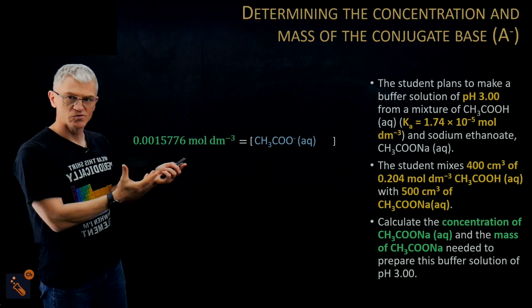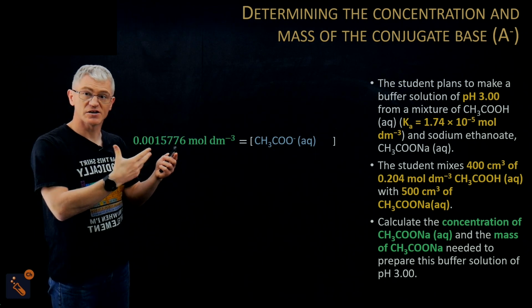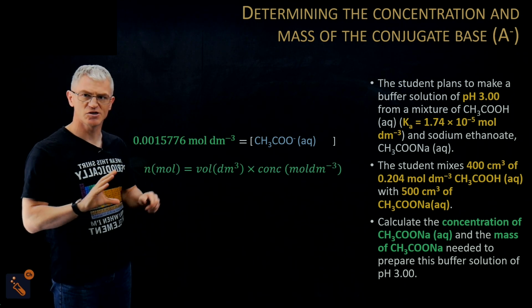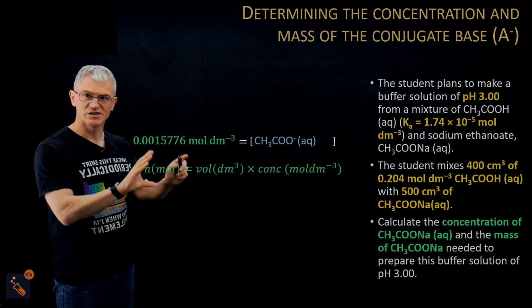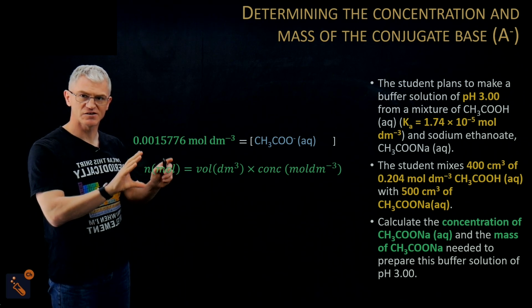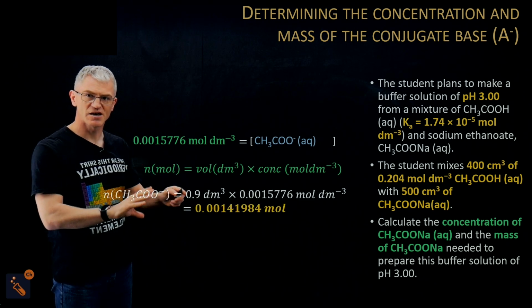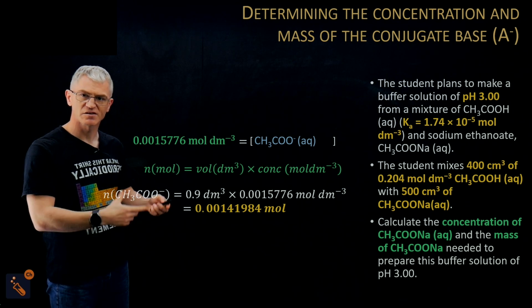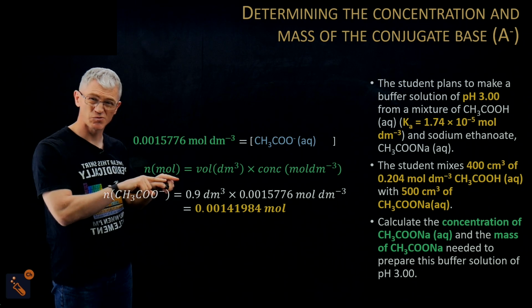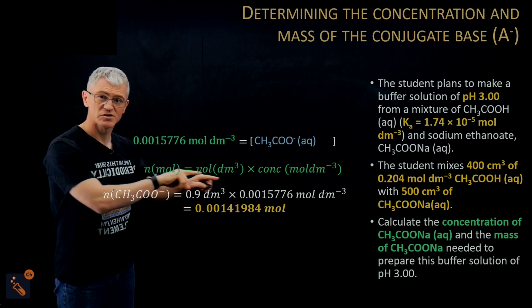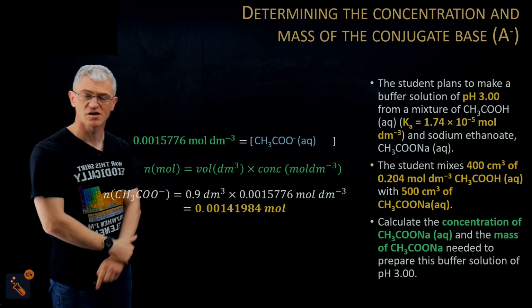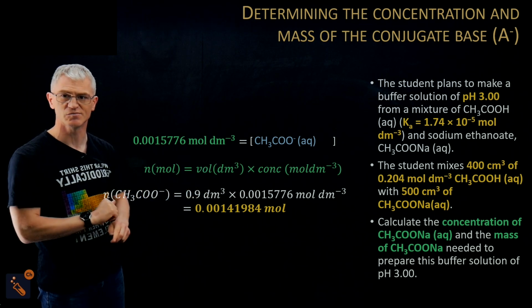Now, normally you'd put it to 3 significant figures as a final answer, but we're not doing that because we're going to use that to work out the mass of the A minus. First of all, we need to know how many moles of that there was. We worked this out through volume times concentration, so we took that concentration and multiplied it by the total volume, which is 900 centimetres cubed, 0.9 decimetres cubed.